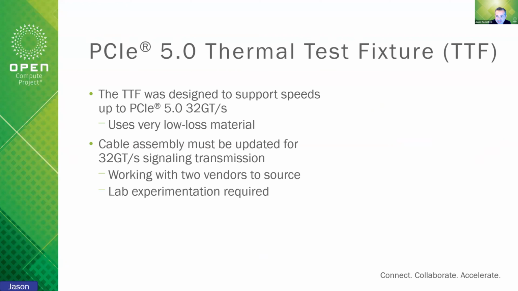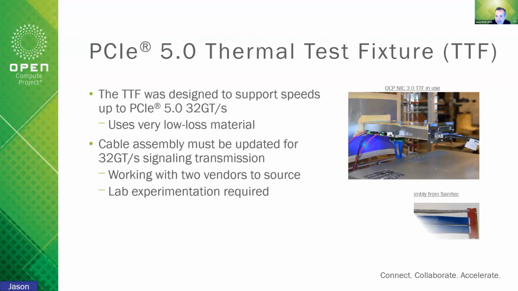So for the thermal test fixture, if you look through the OCP NIC spec for version 3, we had defined a thermal test fixture. The main goal of that is to provide a common model for people to develop both a server, a card, and a system. This was originally designed back when we were generating the specification, moving it towards 1.0.